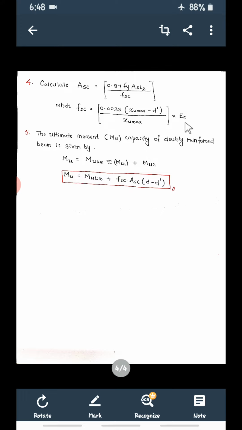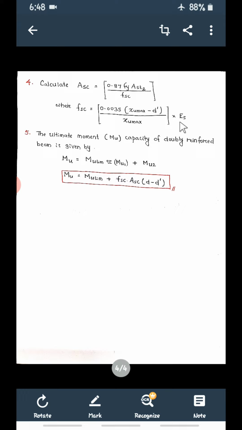Now how have you got this? Fsc is what? Stress. So stress divided by strain is equal to what? Young's modulus of steel, E. Capital E is Young's modulus of steel.